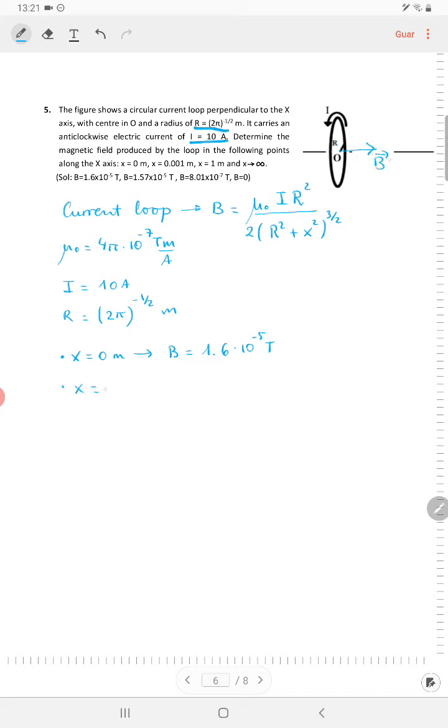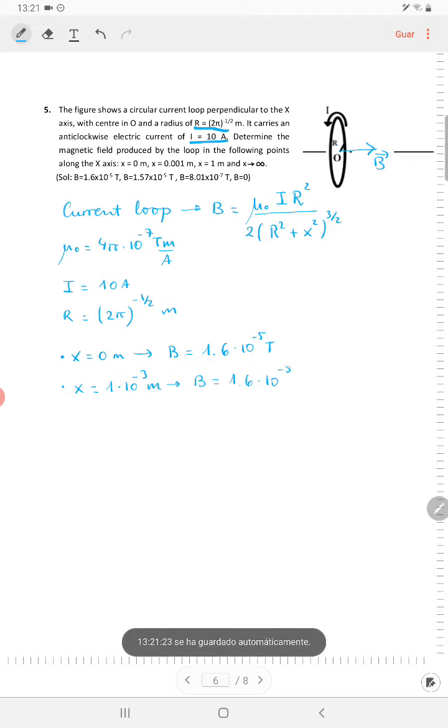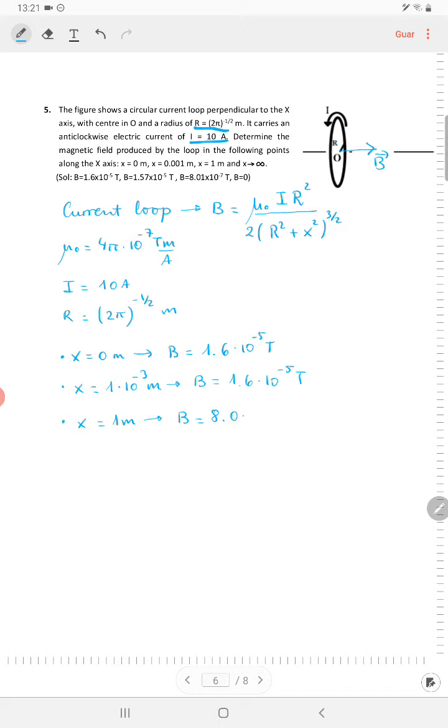For x equal to 10 to the minus 3 meters, then the magnetic field is 1.6 times 10 to the minus 5 Tesla. Very similar, if x is equal to 1 meter, then the magnetic field is 8.0 times 10 to the minus 7 Tesla.